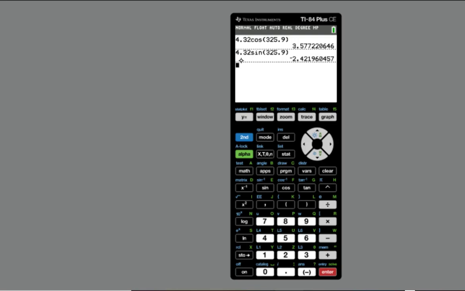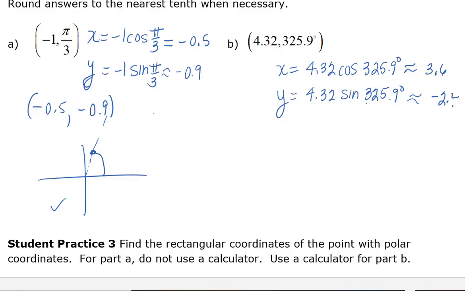And 4.32 times the sine of 325.9 is giving me -2.4. So the equivalent ordered pair for this polar pair is going to be 3.6 and -2.4.